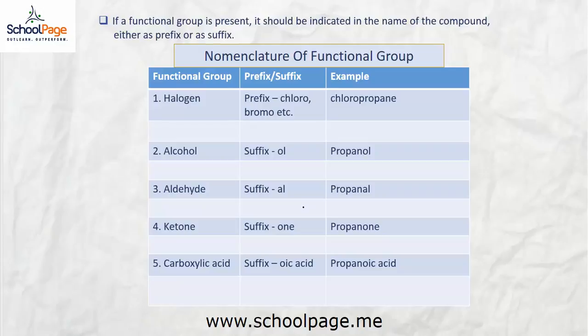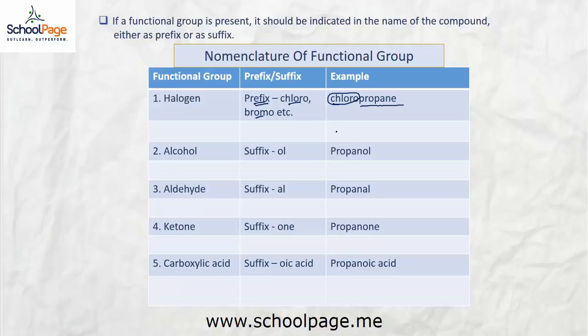And along with this, we also understood that a double bond or a triple bond is considered as a functional group. Now, see here. It's always a prefix for a halogen, like for example chloro, bromo, iodo. So whenever a halogen is found as a functional group in a compound, it is added as a prefix.